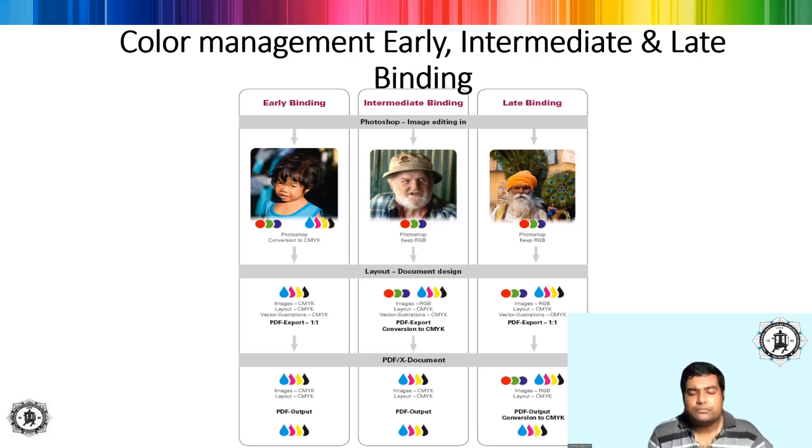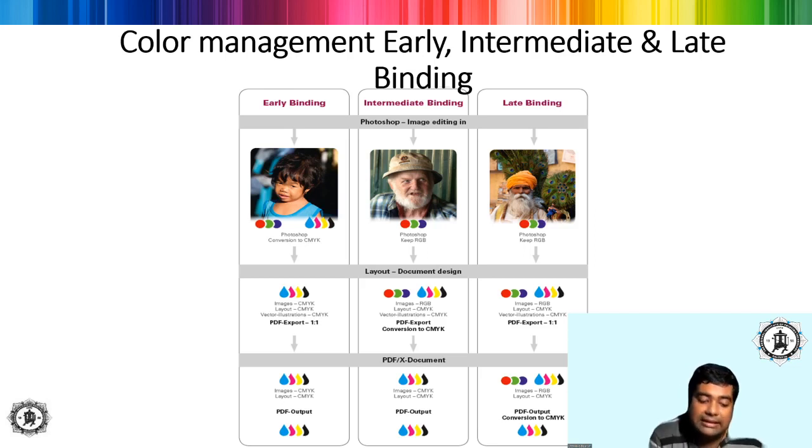Now, this is only possible when this type of situation arises. But let us say you are working as a standalone designer and you don't have a fixed output partner, and the partner may change, and depending upon the costs you tend to move from one partner to the other. In that situation, you don't know what the output intent of your print partner is.